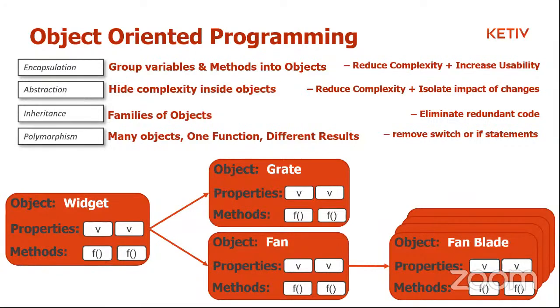The next is abstraction. Abstraction is about hiding complexity, and you hide complexity inside these objects. With methods, a lot of times you have probably all experienced it, you have a method that has 8 variables or something. The problem is when you go and change that method, then you have to go change where that method is called.